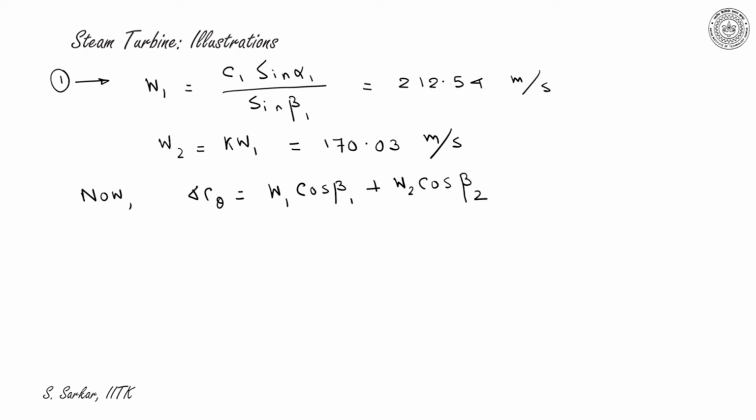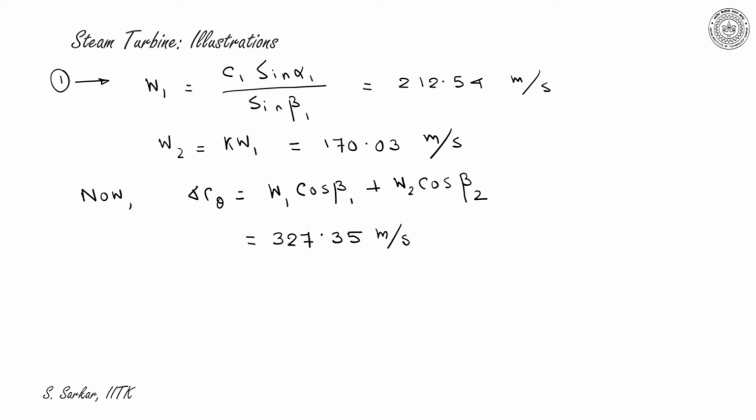You know the values of beta 1 and beta 2, you know also W1 and W2, put all the values, evaluate, you will get del C theta as 327.35 meters per second.